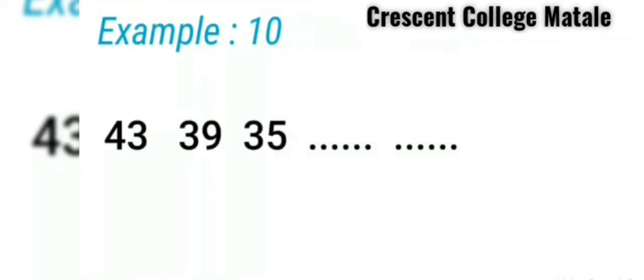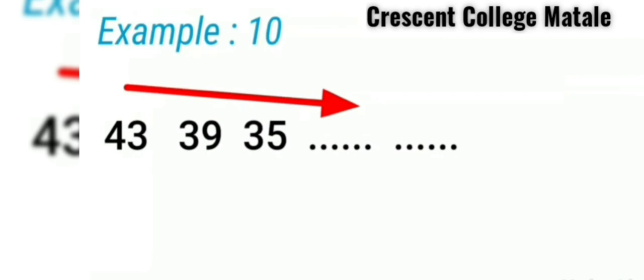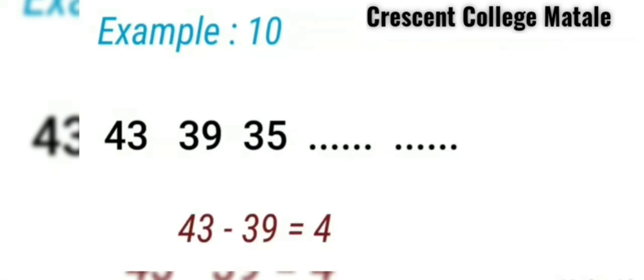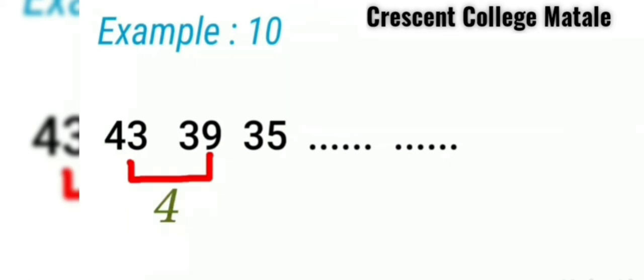Now we will see the next pattern. 43, 39, 35. This pattern is reducing. Now what should I do? I have to find the difference. 43 minus 39 equals 4. So the difference is 4.